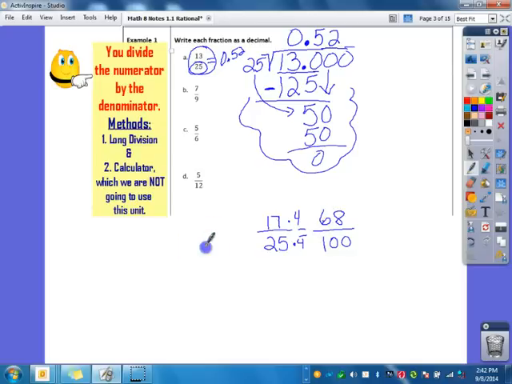All right, so now I can say this as 68 hundredths. So you can do all that and save yourself all the long division. All right?